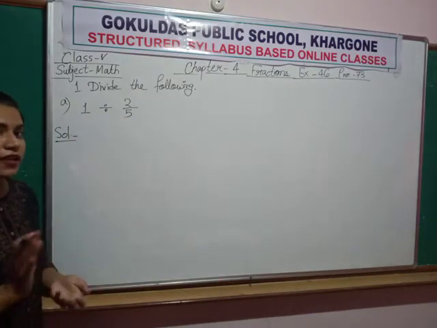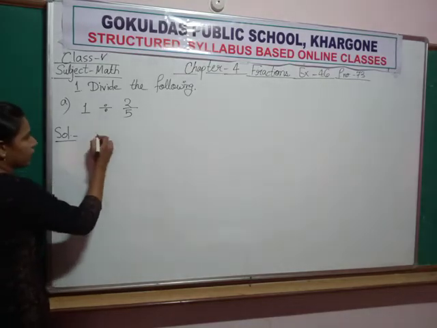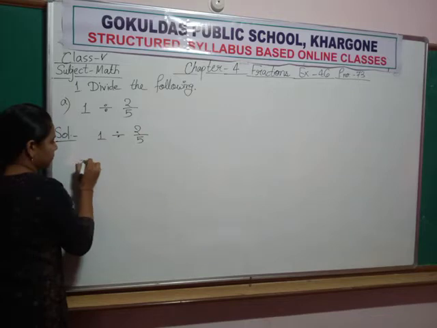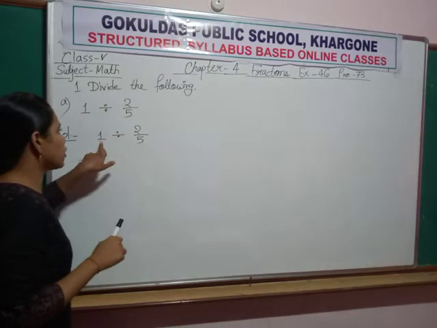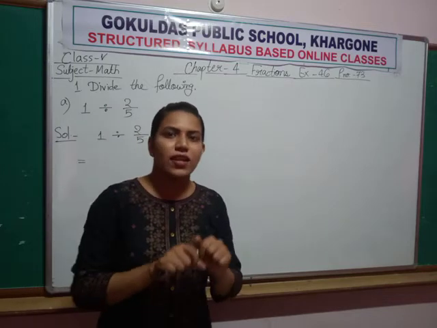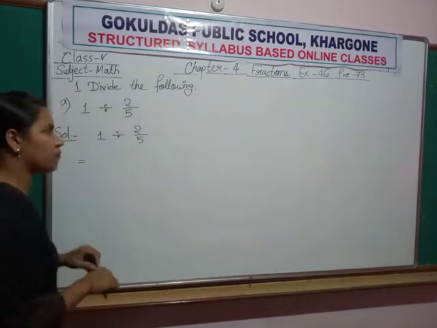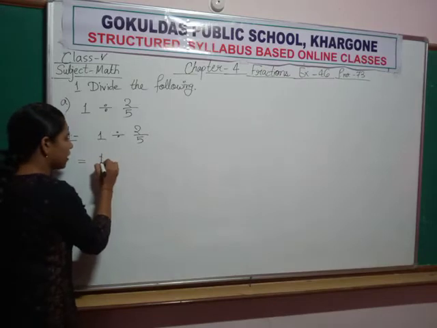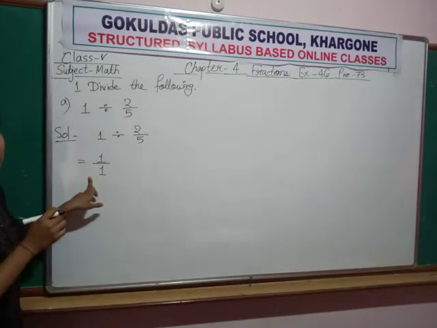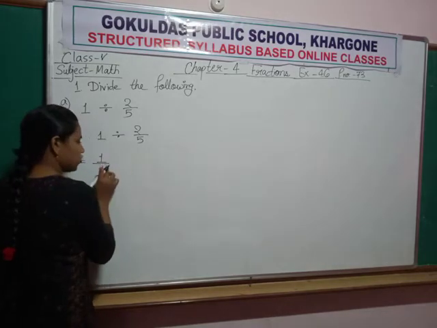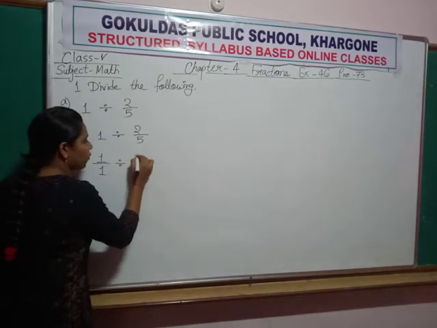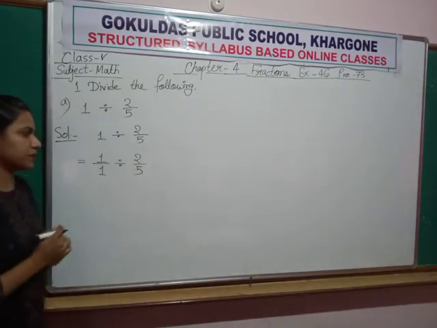So first of all, make this whole number a fractional number. And how can we make any number fractional? We just simply write 1 in the denominator part of the whole number. So now it became a fractional number. Now divide by 2 upon 5.